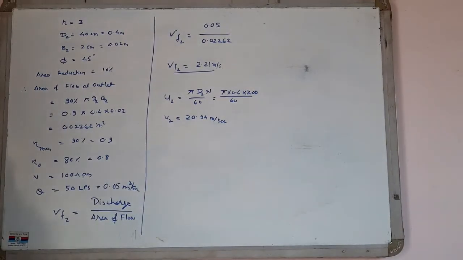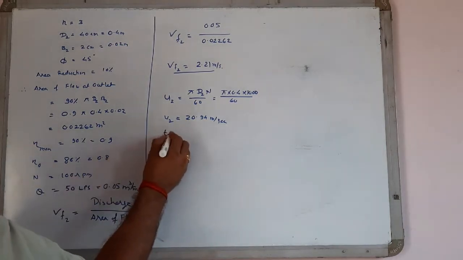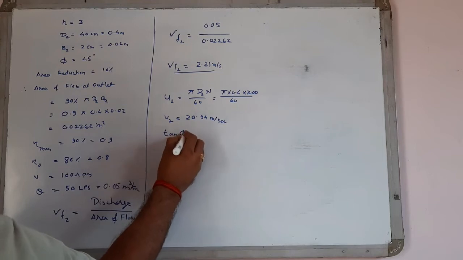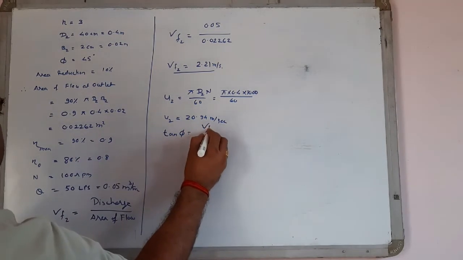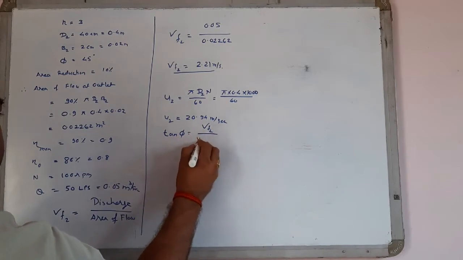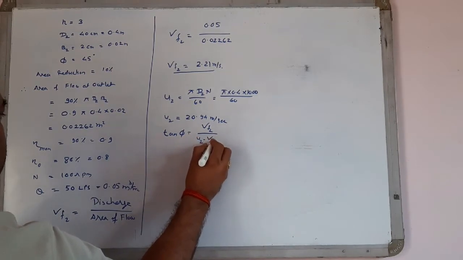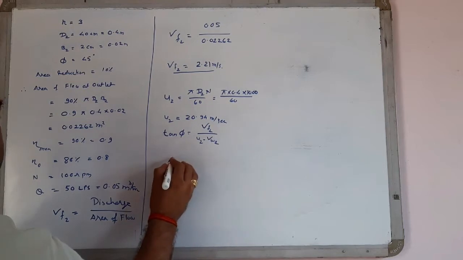Now from the velocity triangle at outlet, tan phi equal to VF2 by U2 minus VW2.